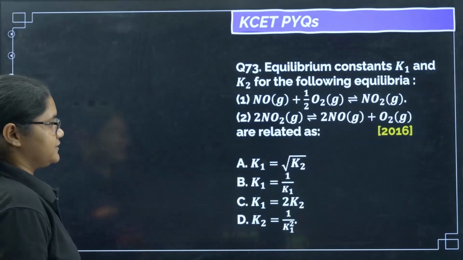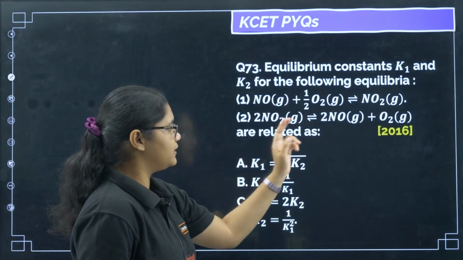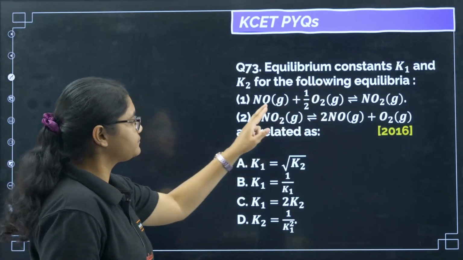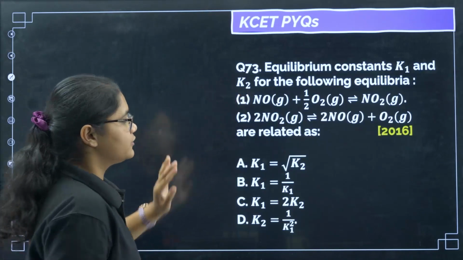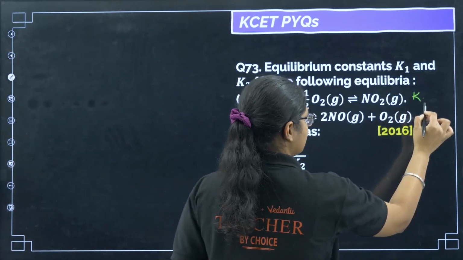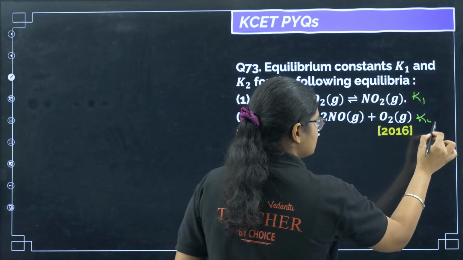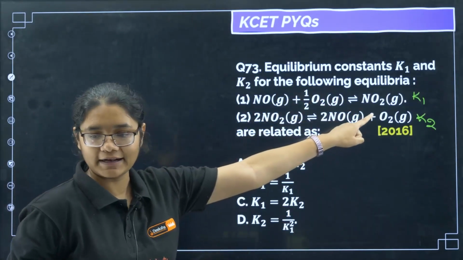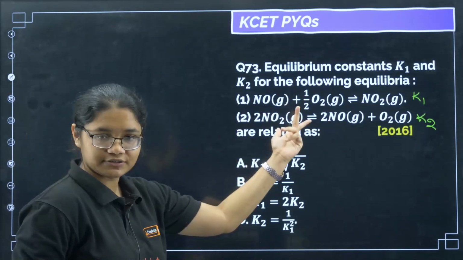Okay, next, the equilibrium constants K1 and K2 for the following equilibria are related as. So first reaction, how can I obtain the second reaction from the first reaction? Let the first reaction be K1 and this be K2. In the first reaction, NO2 is on the right hand side. In the second equation, NO2 is on the left hand side. That means this reaction is reversed.